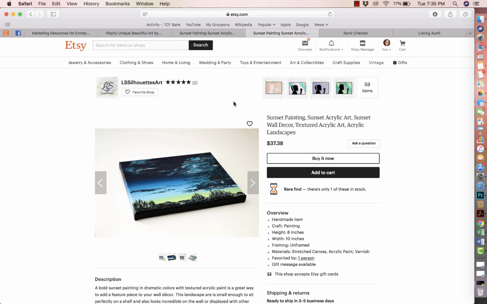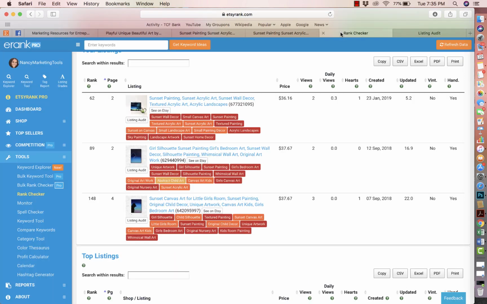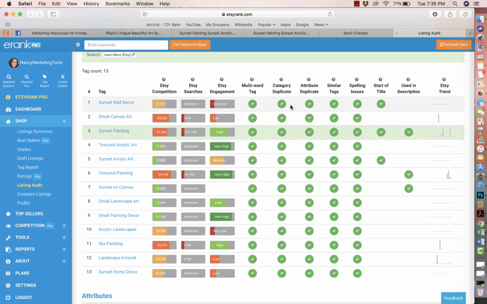So the first thing that I noticed with your SEO is that you have a lot of keywords that are too competitive. So if somebody was to search for your keyword organically, you're not going to get found. You're going to be buried in the search results. And if you were to run a promoted listing ad on Etsy, your cost per bid is going to be high.